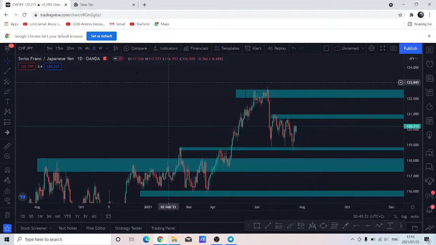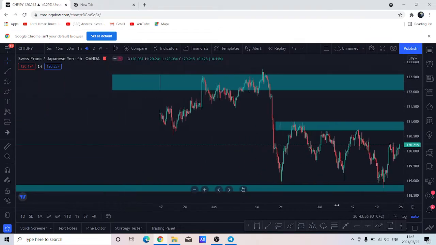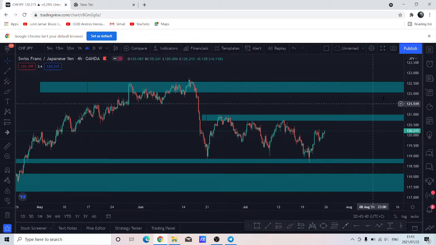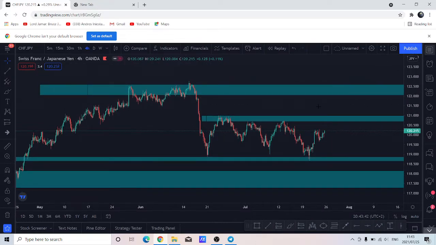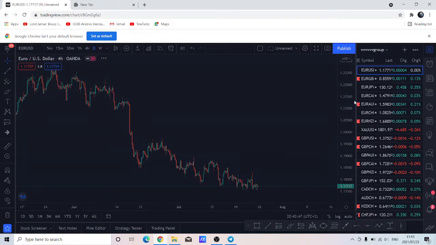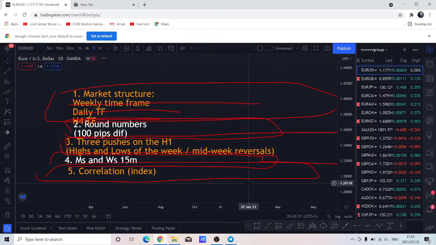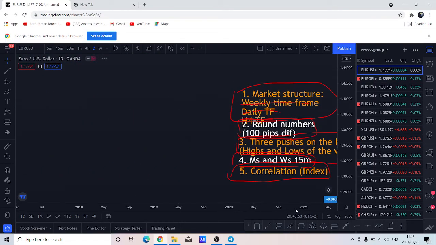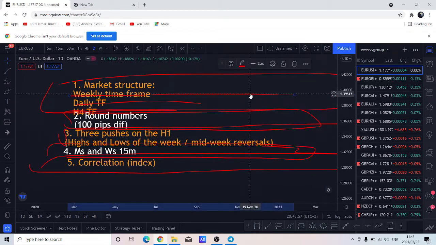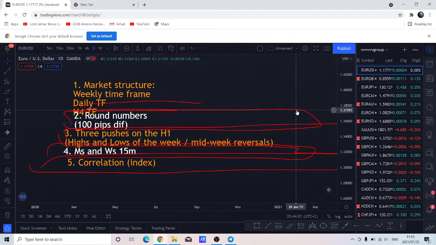So there's nothing much that you're going to mark on the H4 because everything is marked. So now let's go back into our checklist. Sorry about that. Okay, let's remove all of this because it's so messy.